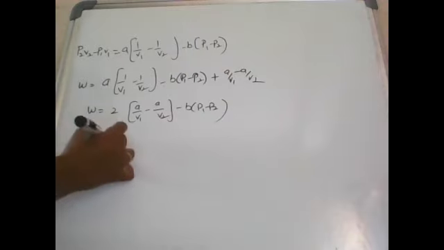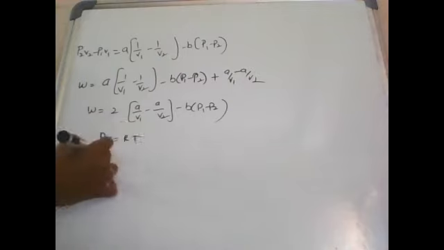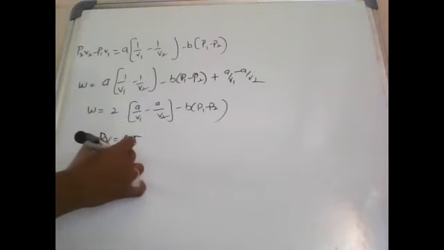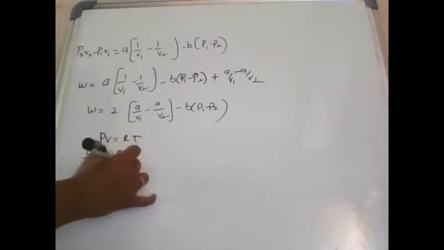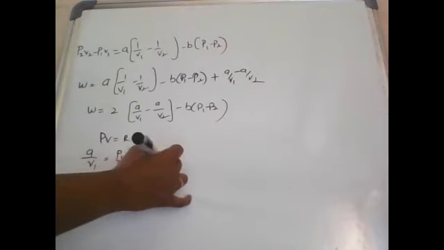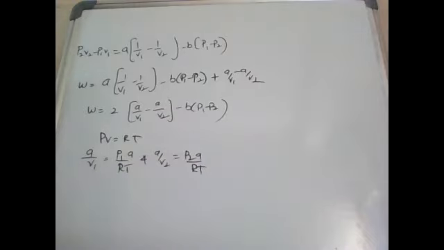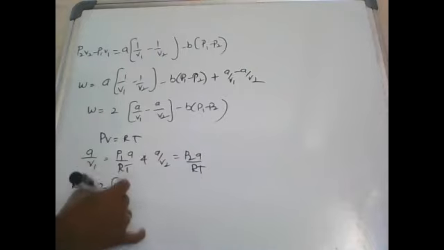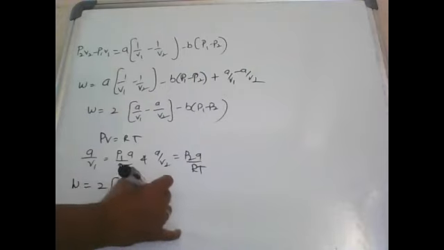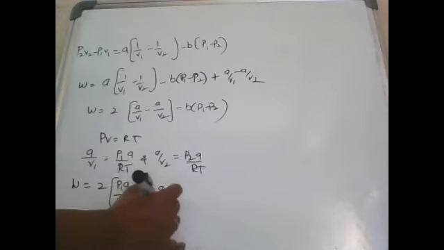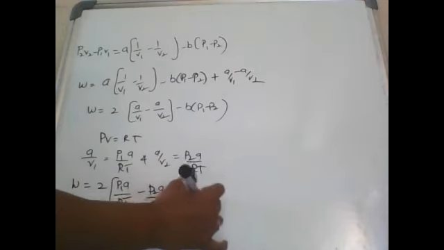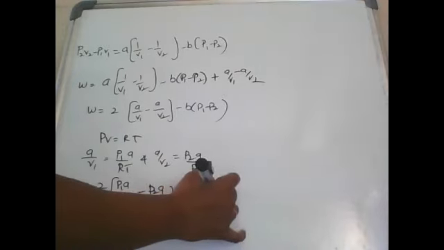So we know that PV equals RT. So A by V1 equals P1 A by RT, and A by V2 equals P2 A by RT. Substituting these two values in our equation, we get W equals 2 into (P1 A by RT minus P2 A by RT) minus B into (P1 minus P2).